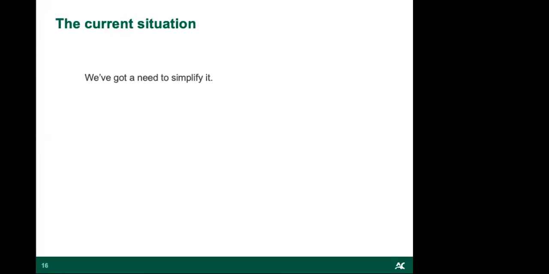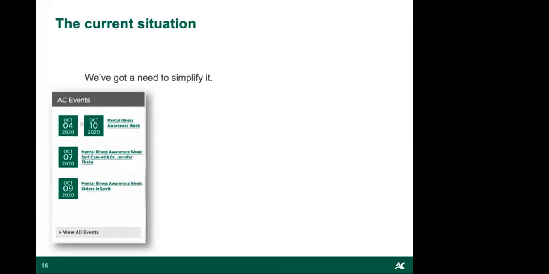Another exciting project is the events project. This year, we decided to start a kind of events 2.0 project. And why? Because we really need to simplify it. So this is our current situation. We have events everywhere. For example, this is our homepage, the events on the homepage.